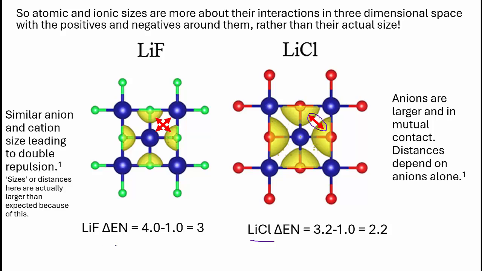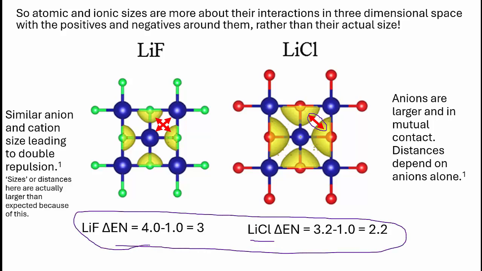I've put the electronegativity differences because some of the explanations like to talk about the degree of ionic or covalent character, but I don't think that's as clear as just looking at the positives attracted to negatives and how close those positives and negatives are to each other.